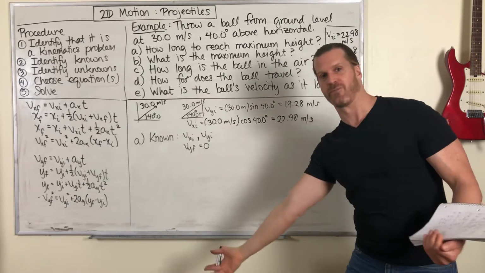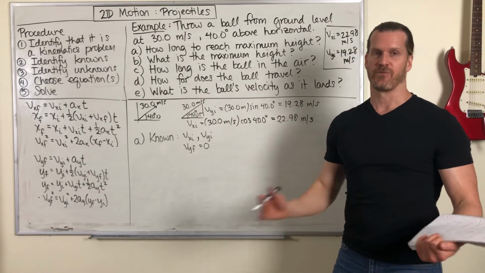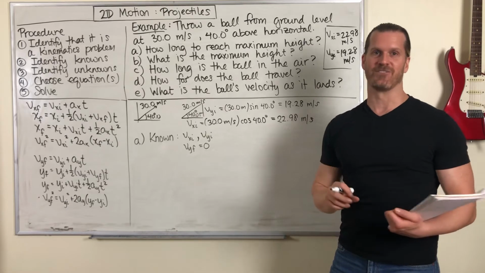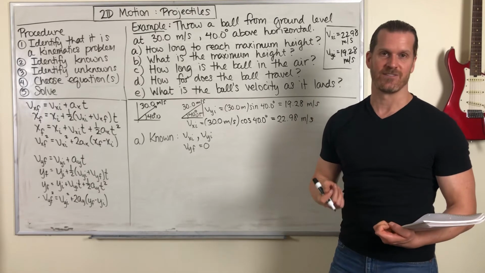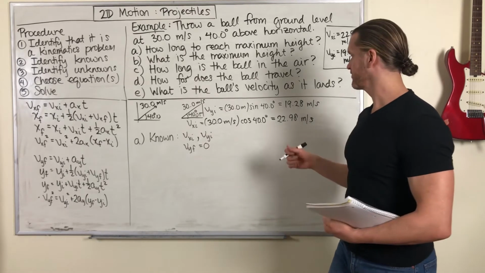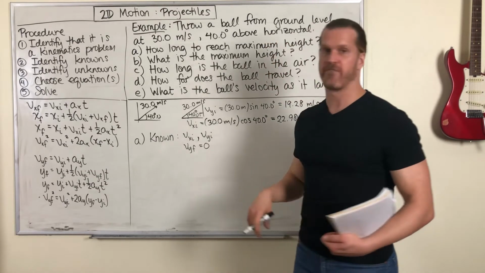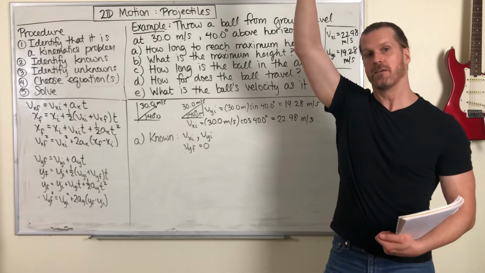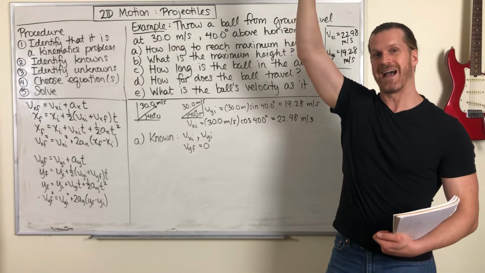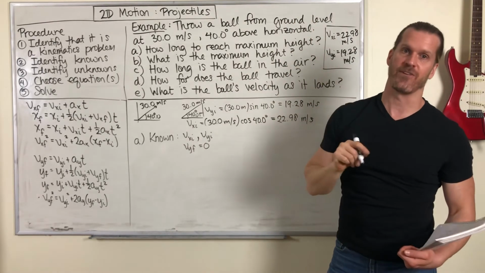Final will mean after the ball's landed on the ground. So keep in mind that my initial and final change depending on exactly what I'm trying to answer. But in part A, Vy final is 0 because at that peak of the motion, there's no y velocity. There's still x velocity, but not y.